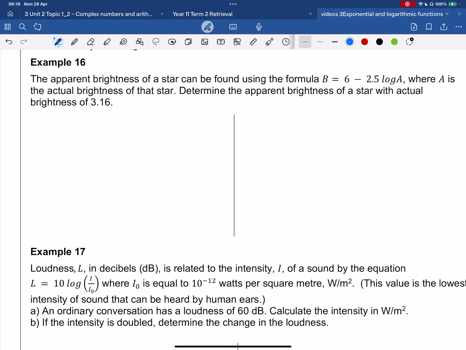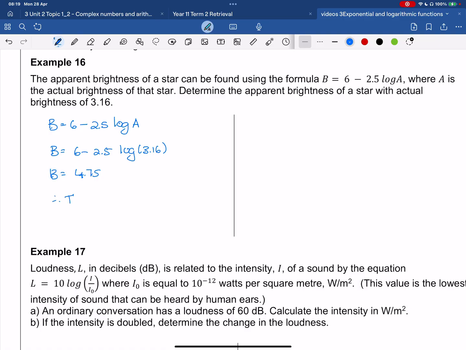Okay, so they have given us B equals 6 minus 2.5 log of A, and they've told us that we need to find the apparent brightness given that the actual brightness, so A, is 3.16. So that means B is 6 minus 2.5 log of 3.16, and using our calculator, B is going to be 4.75.